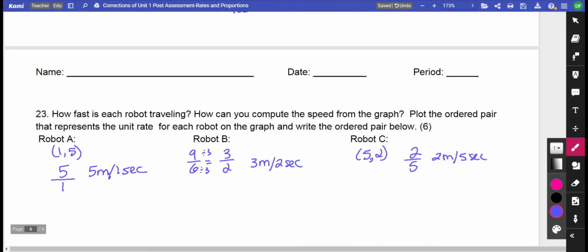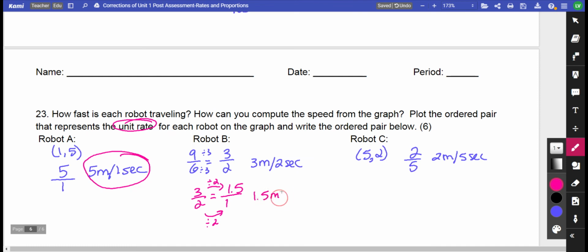The next part is find the unit rate for each robot. Well, for robot A, we've already solved it. It happened to give us this because it's 5 meters per 1 second. Now for robot B, if we have 3 halves, I want a denominator of 1. So I'm going to divide the numerator and denominator by 2. 3 halves divided by 2 is 1 and 5/10.